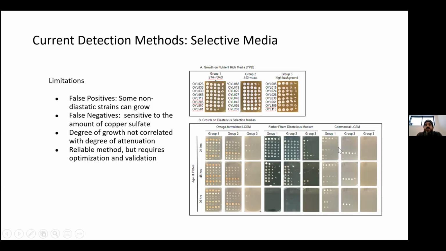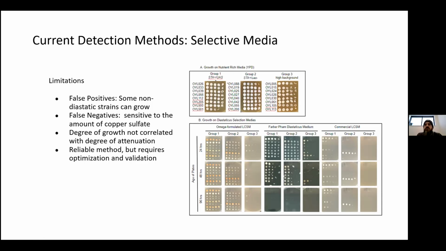Because we saw this effect where known diastatic strains were not growing on LCSM that we purchased from Weber Scientific, that is what drove us to formulate our own LCSM. It's a published formula, but you can tweak some of these things.